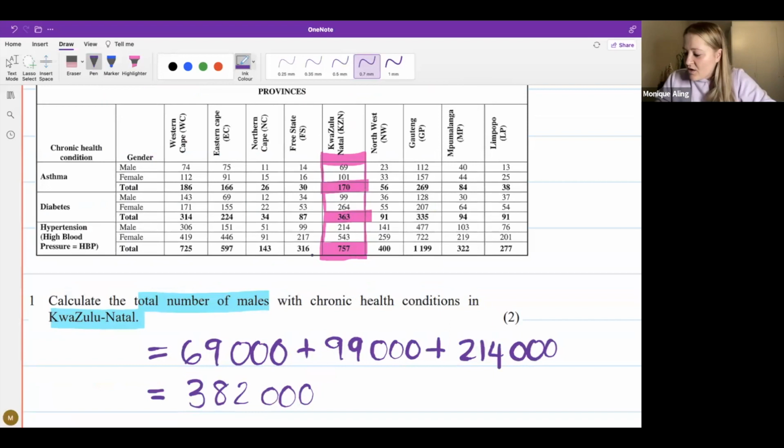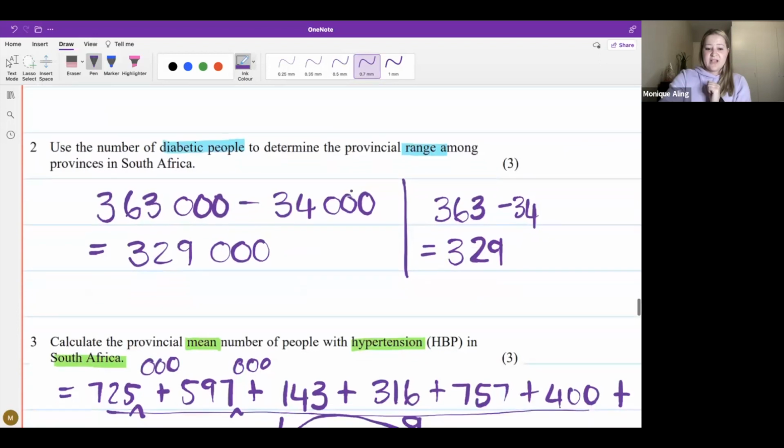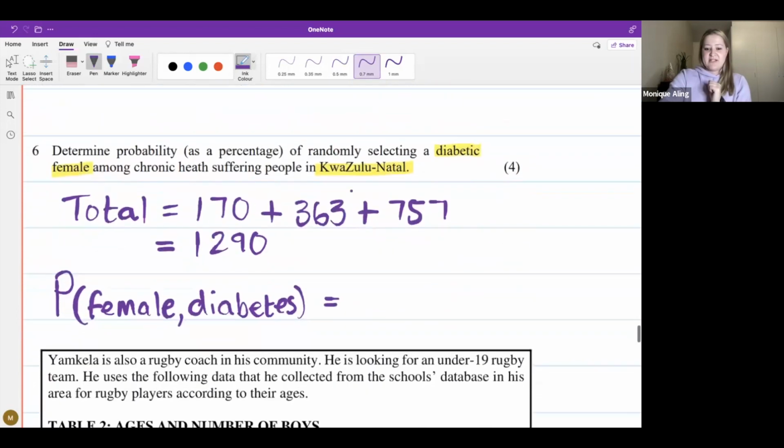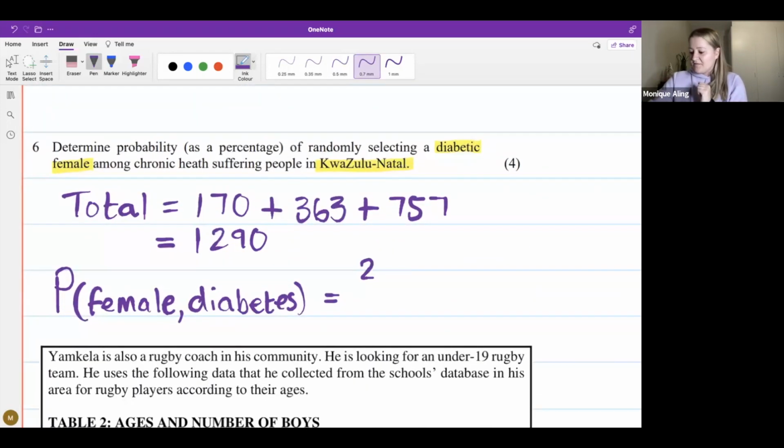Diabetes females, there are 264,000. So remember when we work out probability, we always put it in a fraction first. We always take what we're looking for over our total. What we're looking for is females with diabetes, so the 264,000 over our total. That's how we always work out probability.